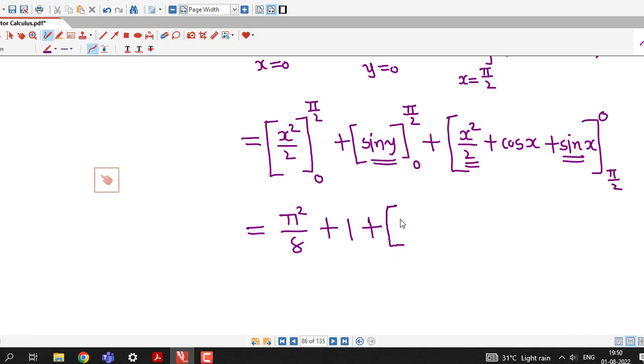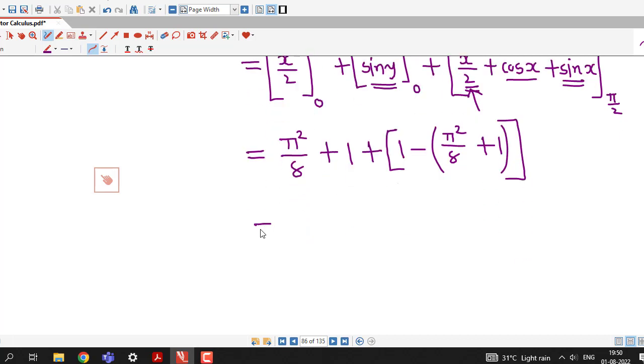So first I write 1 for upper limit, minus for lower limit x is pi by 2. So if I take x equal to pi by 2 here, I will have pi square by 4 divided by 2, that is pi square by 8. Cos pi by 2 is 0 and sin pi by 2 is 1.